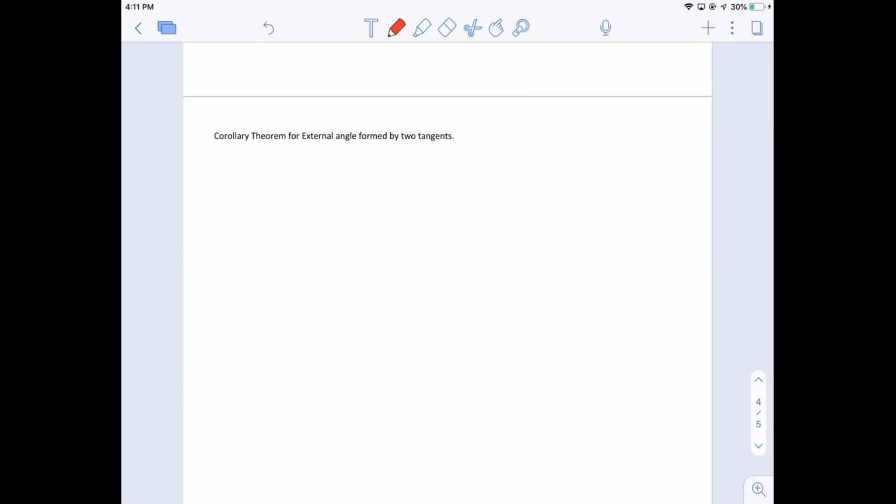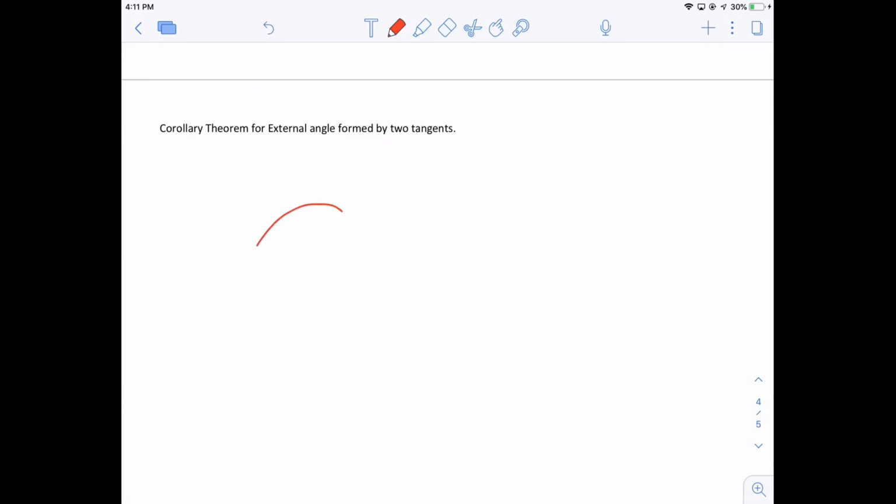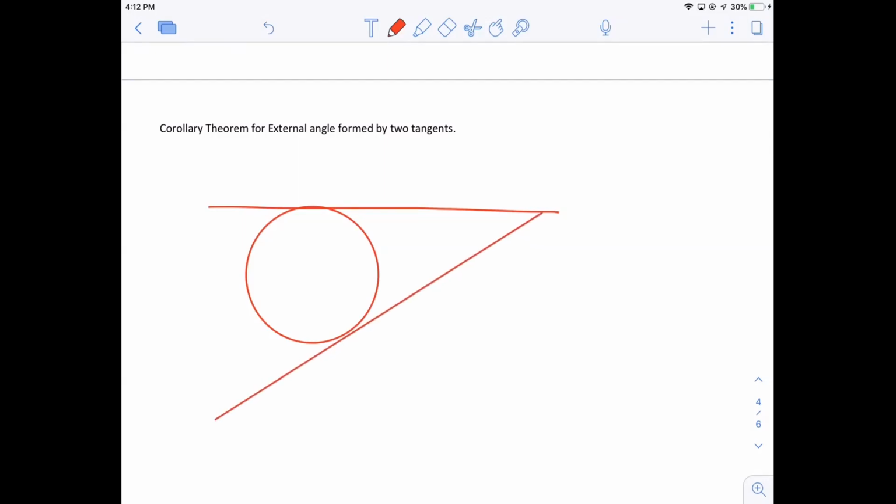All right. So let me draw in two tangents again. Here's one tangent. Here is another tangent.